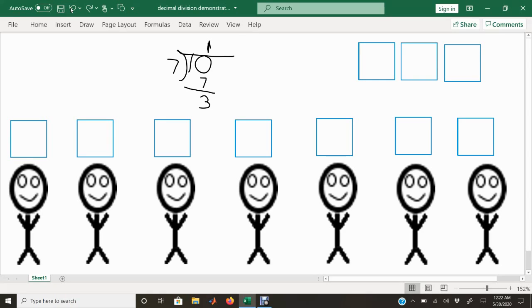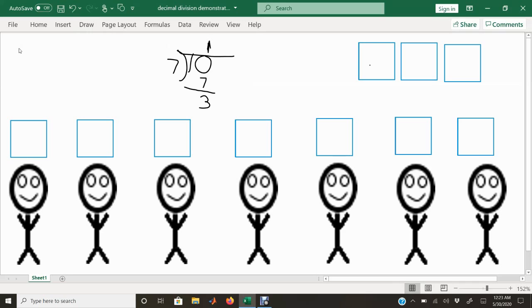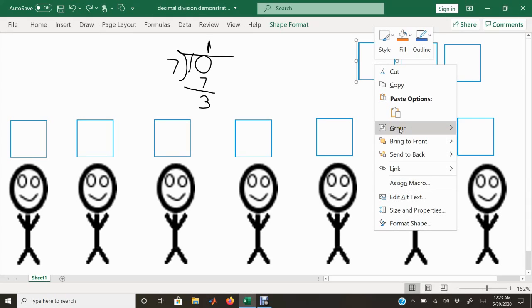The idea with decimals is that our next step is going to be to break each one of these up into 10 pieces. So we're going to break them up into tenths and distribute the tenths.